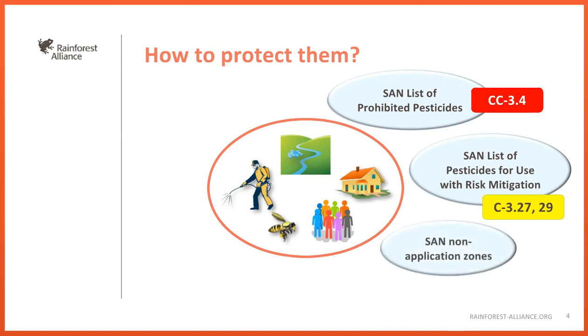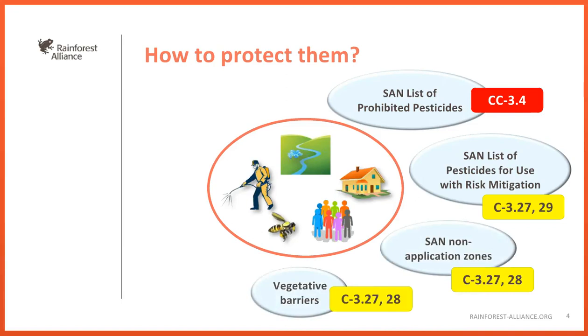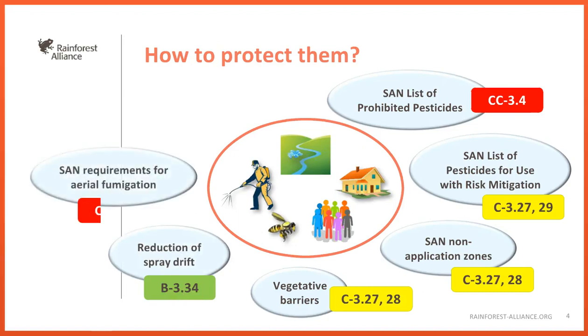One of the measures is to establish SAN non-application zones. Another measure is to establish vegetative barriers. You can also try to reduce spray drift. If you conduct aerial fumigation, you need to respect the SAN requirements for aerial fumigation.